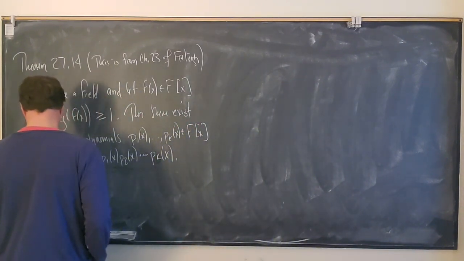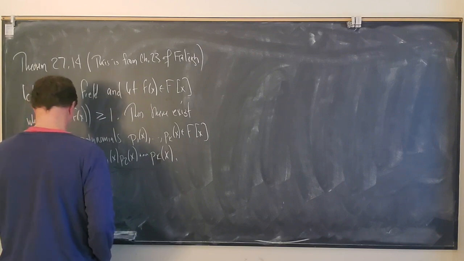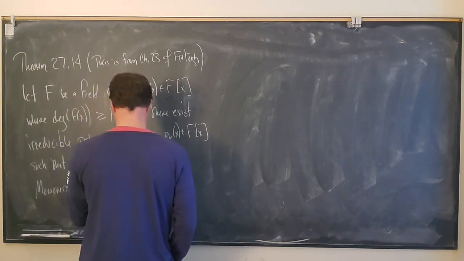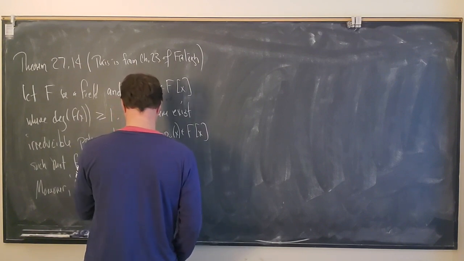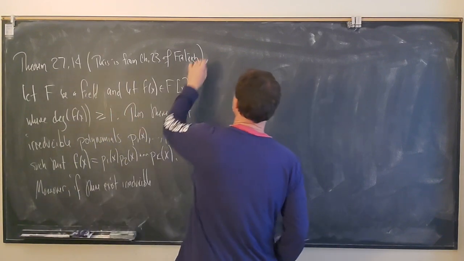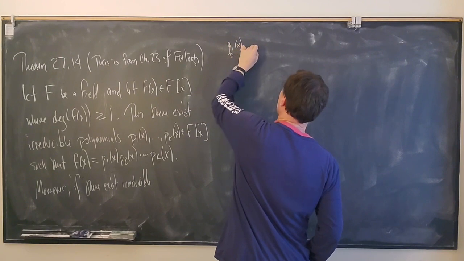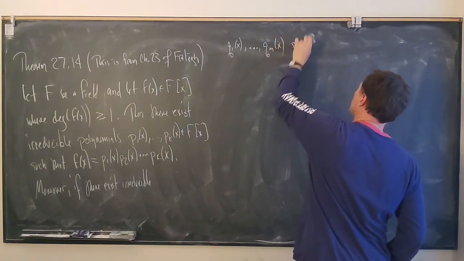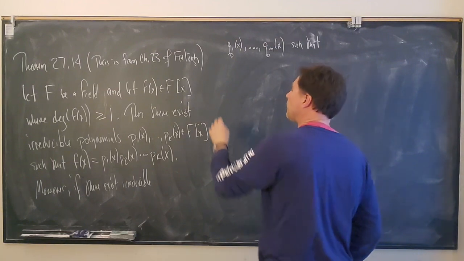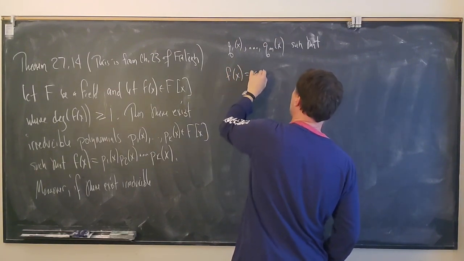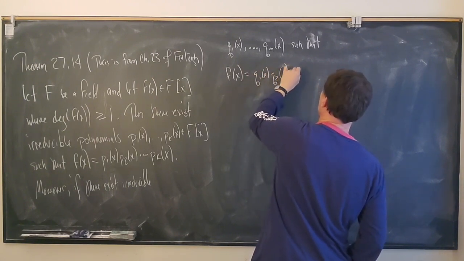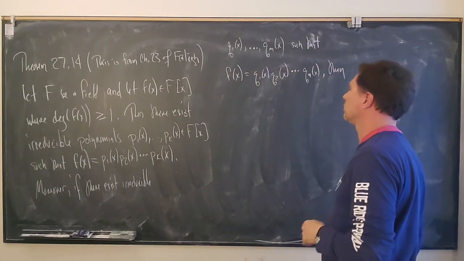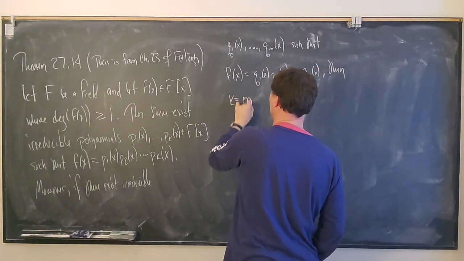So, moreover, if there exist irreducible polynomials, let's say q1 of x up through q sub m of x, such that f of x is equal to the product q1 of x, q2 of x, dot, dot, dot, up through q sub m of x, then, first of all, k has to equal m, right?